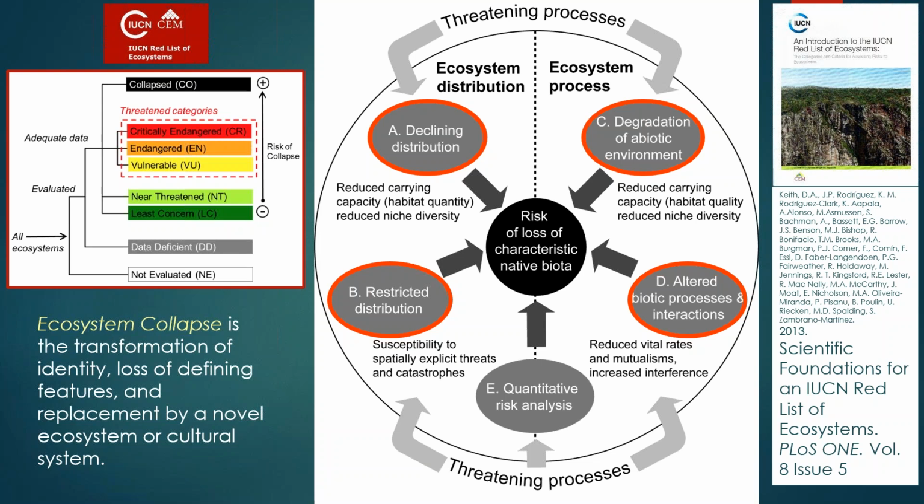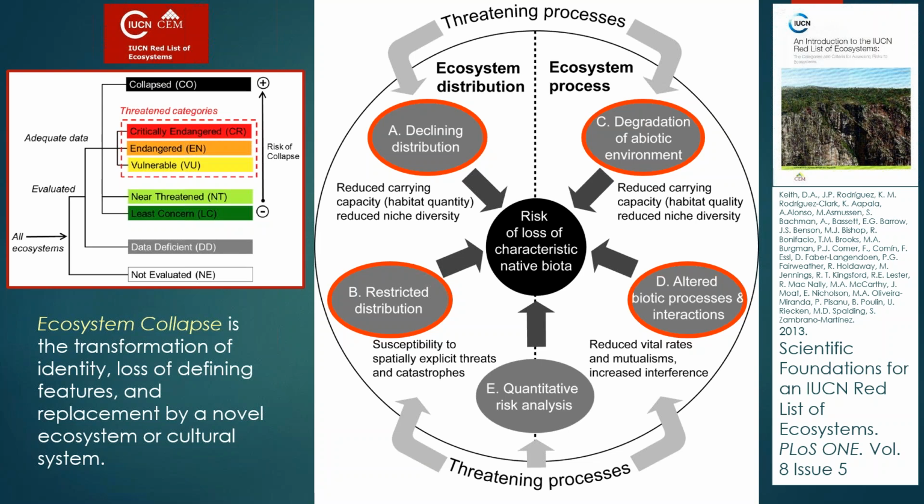That is, it's really the transformation of identity of a given ecosystem type. It's the loss of defining features. It's the replacement by a novel ecosystem or a cultural ecosystem. That's what we're actually referring to. And so what the Red List of Ecosystems is about is a series of analyses to help us understand where things are with range-wide ecosystem collapse for a given ecosystem type.